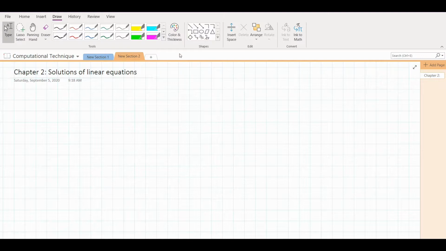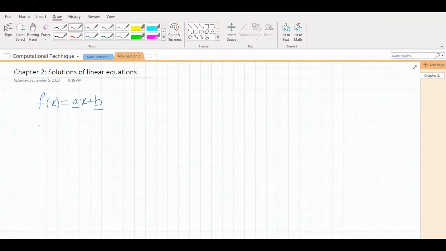What are linear equations? As you might already know, equations such as this one, which vary linearly with a certain slope and certain initial value, are known as linear equations.